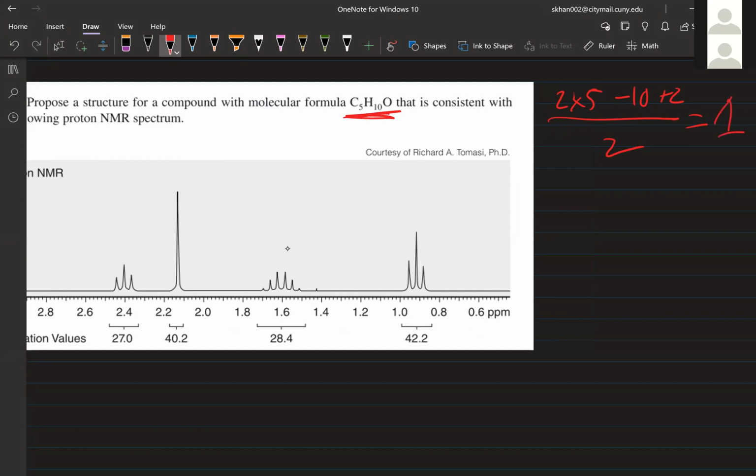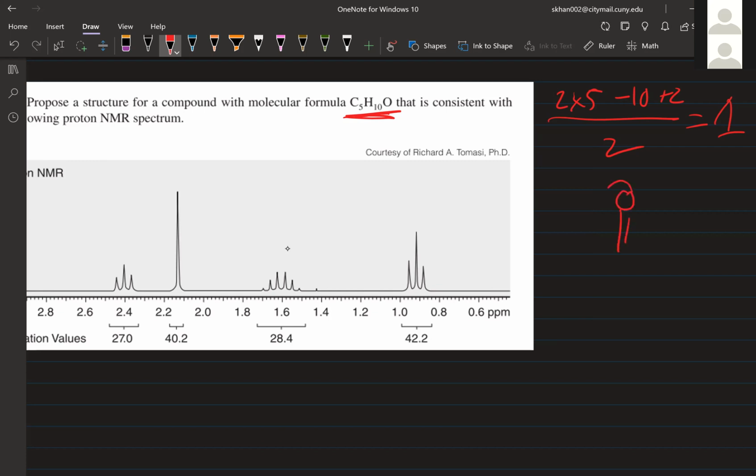Looking at what's in there, what kind of functional group do you think there might be based off the formula? You have oxygen, carbons, and hydrogens. What's a group that has a double bond to oxygen? A ketone or a carbonyl.